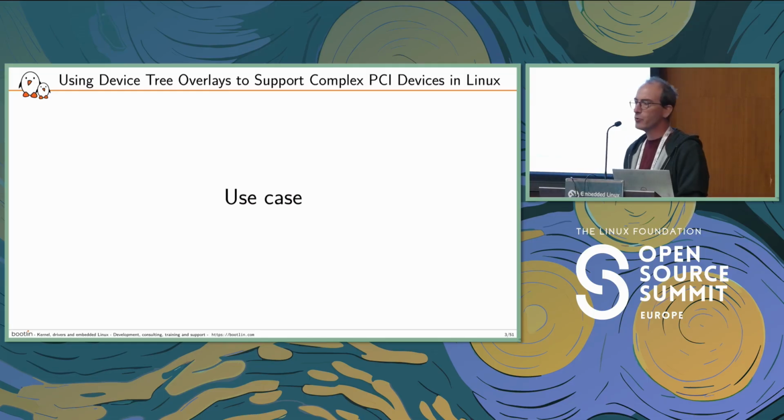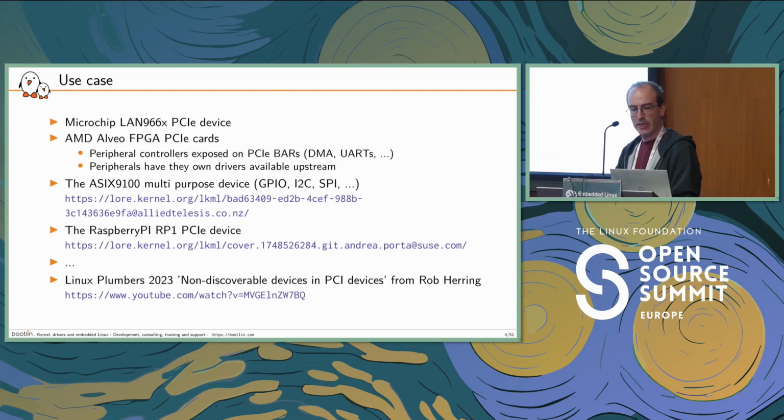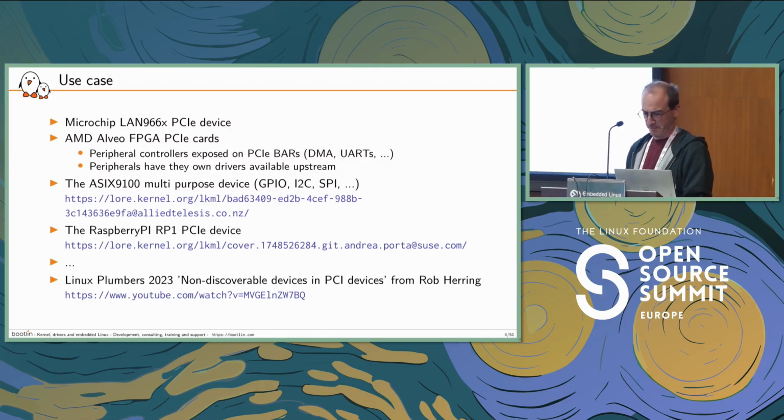So what is the use case handled by this feature? The LAN966x PCI device, in fact, we will give you some details in a few slides, but I know also about the FPGA from Alveo.